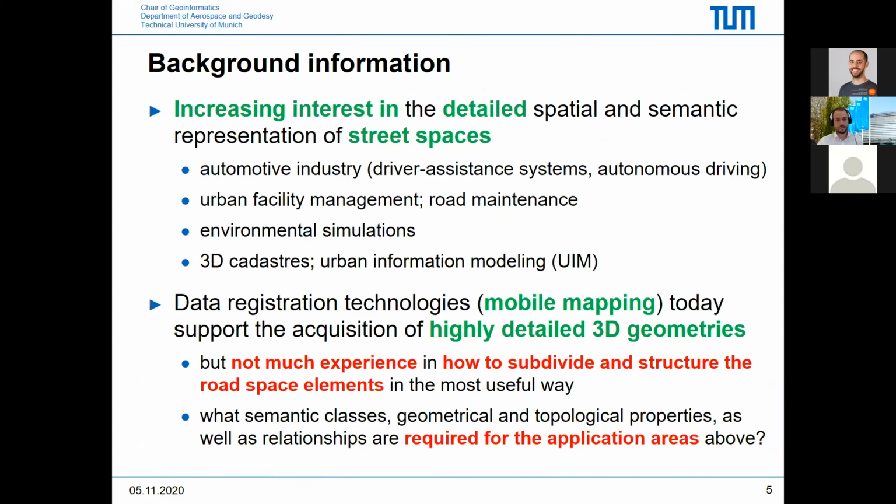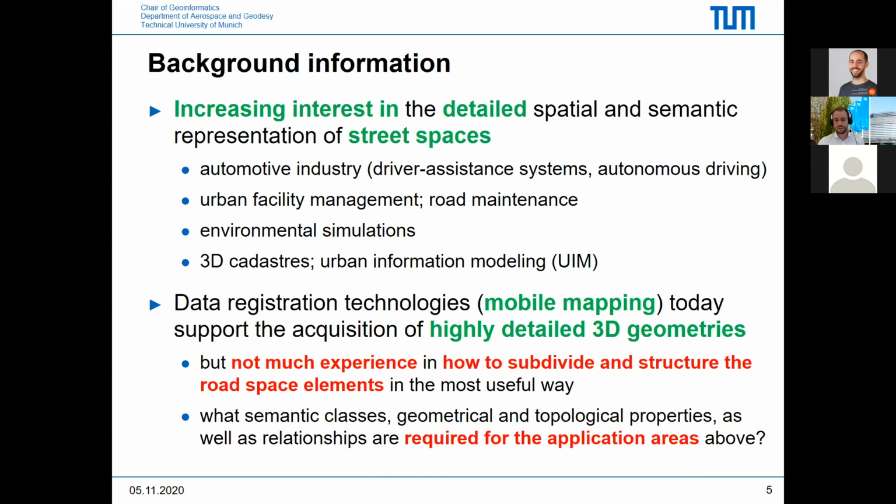I just said that there's an increasing interest in street space models, for example from the automotive industry, for testing autonomous driving systems and driver assistance systems, but also from urban facility management, for applications such as road maintenance, environmental simulations, 3D cadasters, and so on.